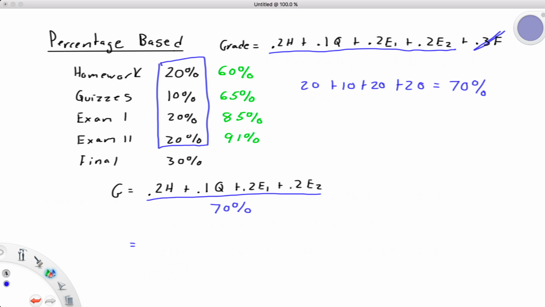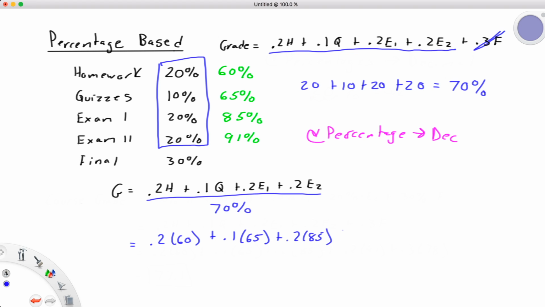Of course, once again, we have to remember that we want to rewrite a percentage as a decimal, and we'll do that by sliding our decimal places over by 2. And so here we'd have 0.2 times 60 in our example, plus 0.1 times 65, plus 0.2 times 85, plus 0.2 times 91, and all of this would then be divided by 70%, or in decimal form, 0.7.